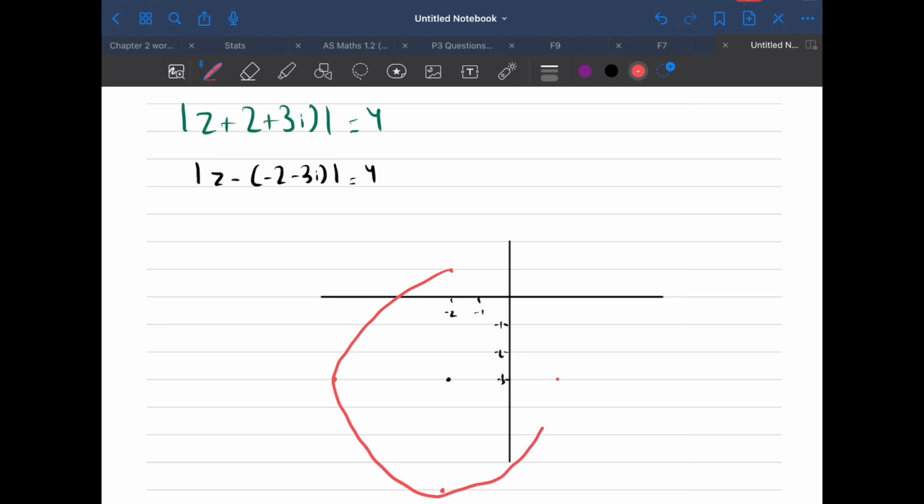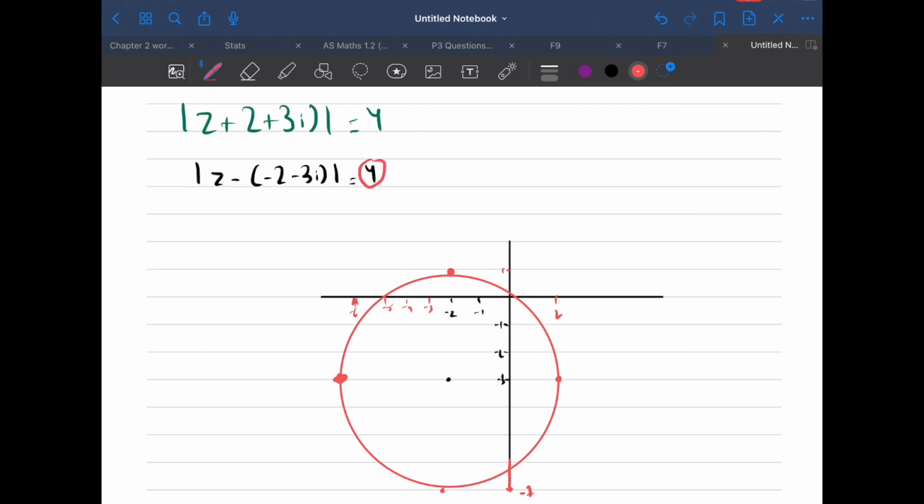So let's draw a circle. So this is minus 3, minus 4, minus 5, minus 6. You get this? This is positive 2, this is plus 1 and this is minus 7. Do you get this?